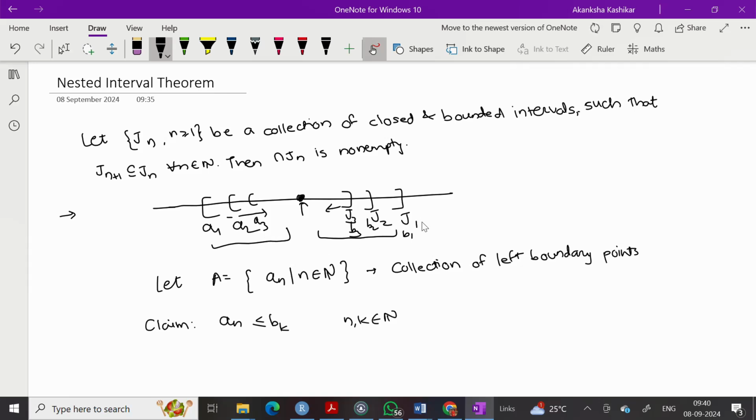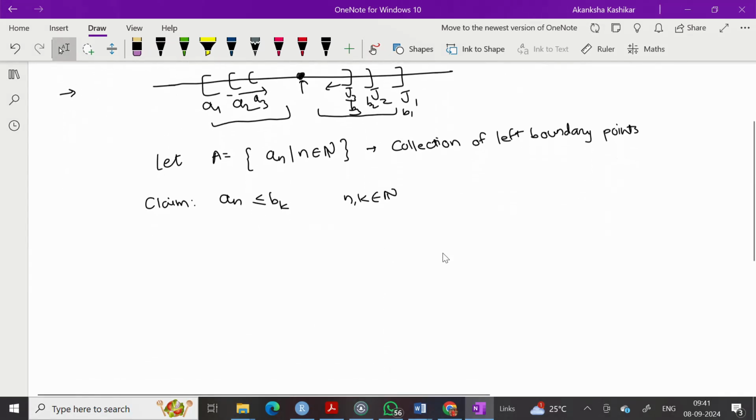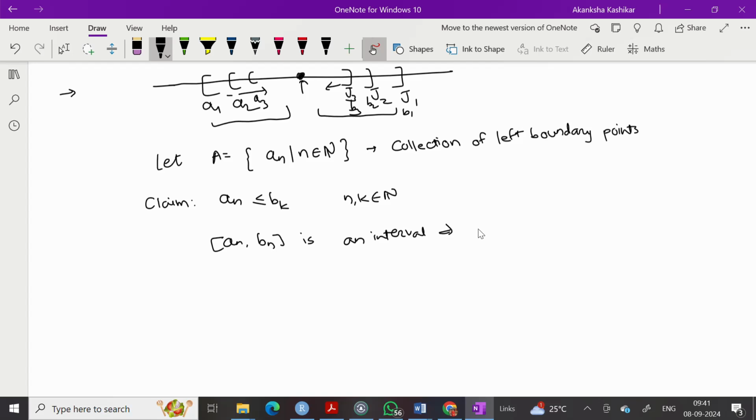But let us try to verify mathematically if this is true. What we know is that An Bn is an interval. So An has to be smaller than or equal to Bn. Correct? Every An is less than or equal to the corresponding Bn, that we know.